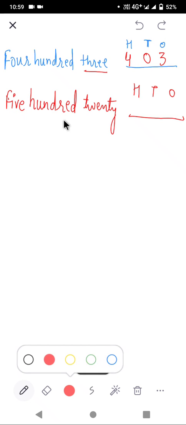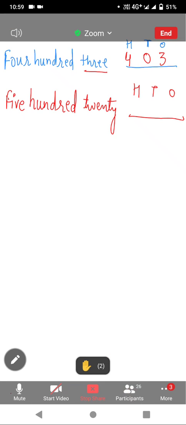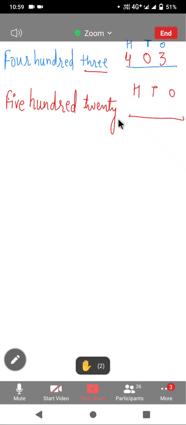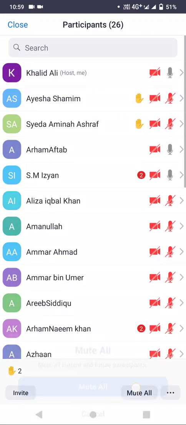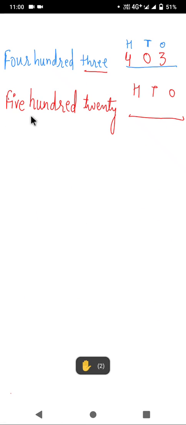We will write 5 at which place? Hundreds place. Very good. We have to write 500, so we will write 5 at the hundreds place only. Then we have 20. After 500, what is there? 20.